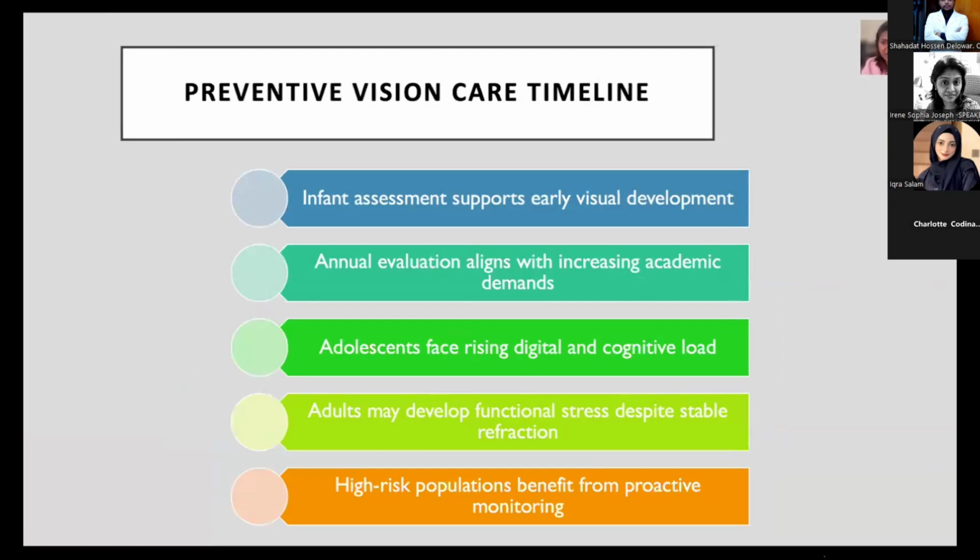From a preventive care perspective, functional vision assessment is recommended as early as 6 months of age to support visual development. Annual evaluations in children are essential as academic demands increase, while adolescents and adults often develop functional stress due to sustained near work and digital device use, even with stable prescriptions.